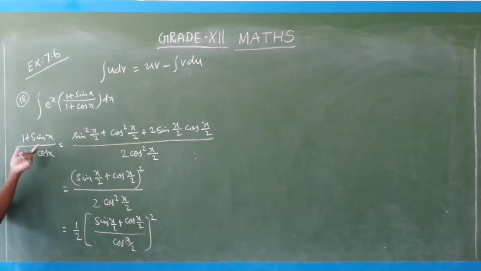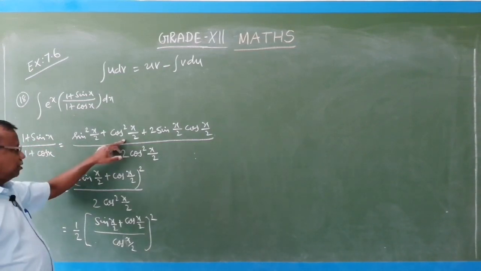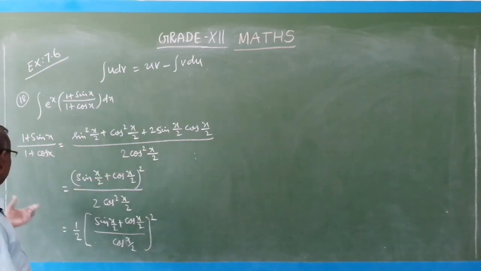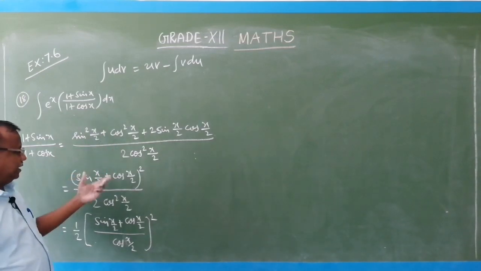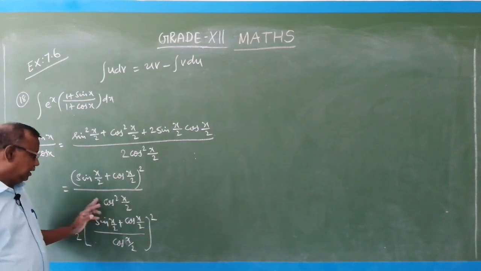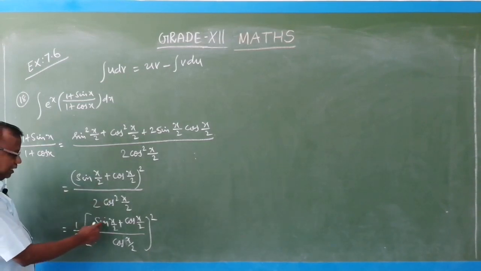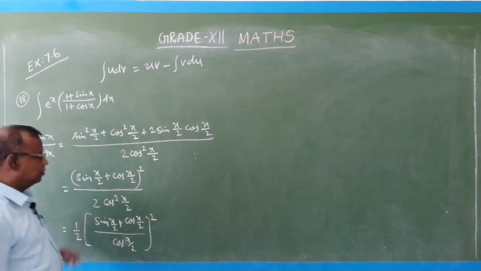So, once again I tell you, 1 plus sin x can be written as sin square x by 2 plus cos square x by 2 and sin x by 2 becomes 2 sin x by 2 cos x by 2. In the denominator 1 plus cos x equal to 2 cos square x by 2. The numerator is sin x by 2 plus cos x by 2 the whole square. Next the denominator is 2 cos square x by 2, taking 2 as common, that is 1 by 2 into a plus b divided by cos x by 2, the whole square. So, common square.